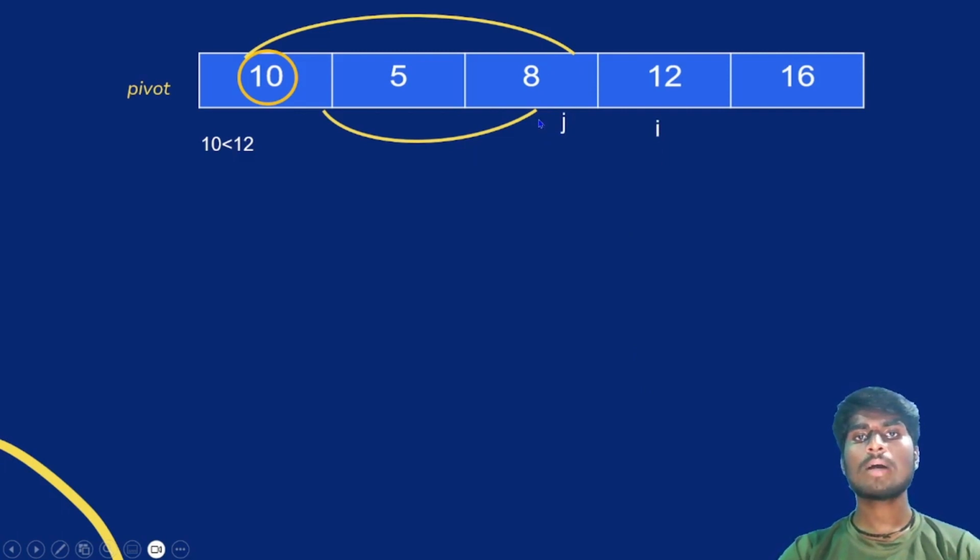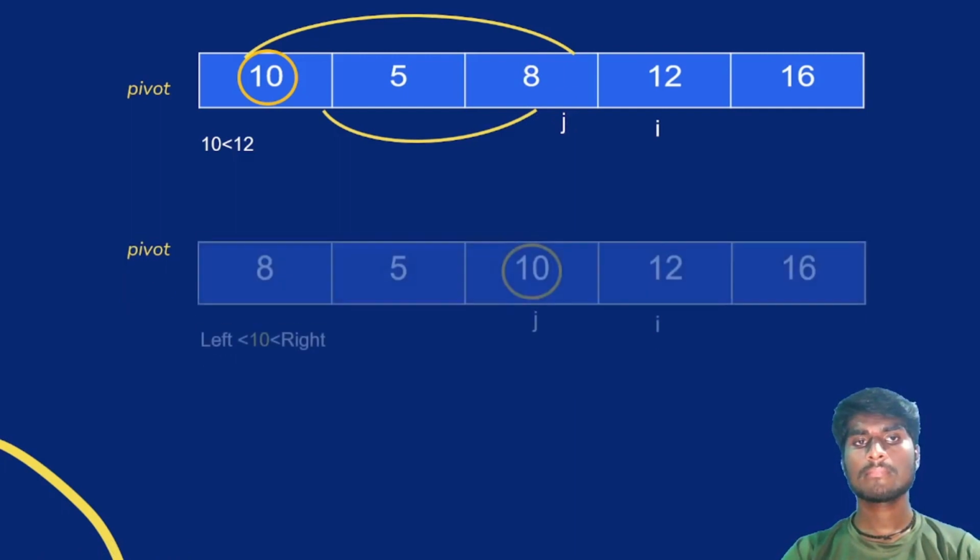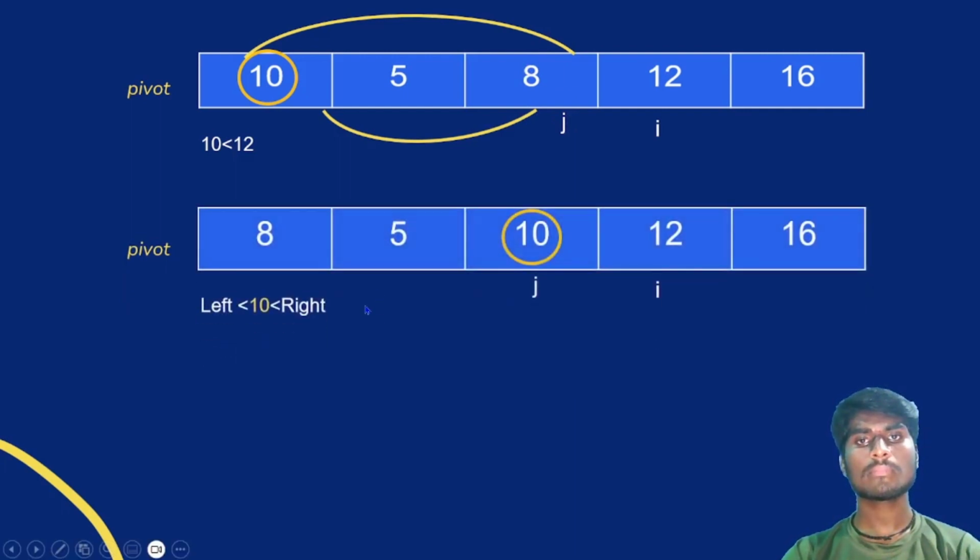Then we need to swap the pivot element with 8, because we have decremented j here. Here you can see that the swap is done. 10 is swapped with 8.